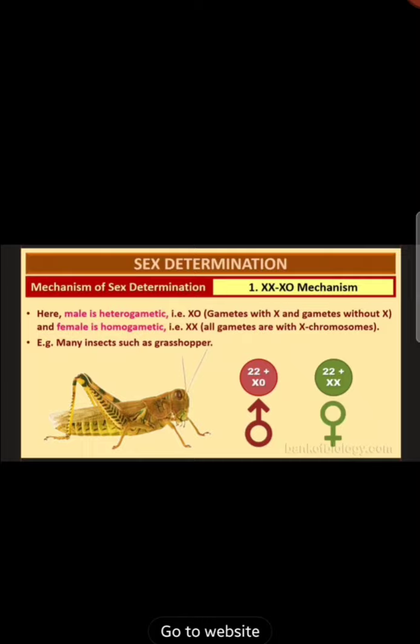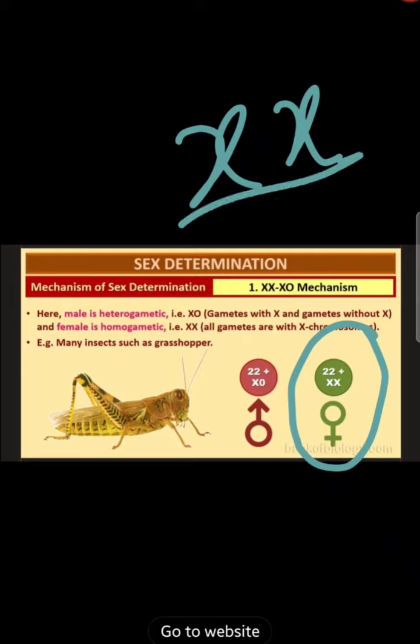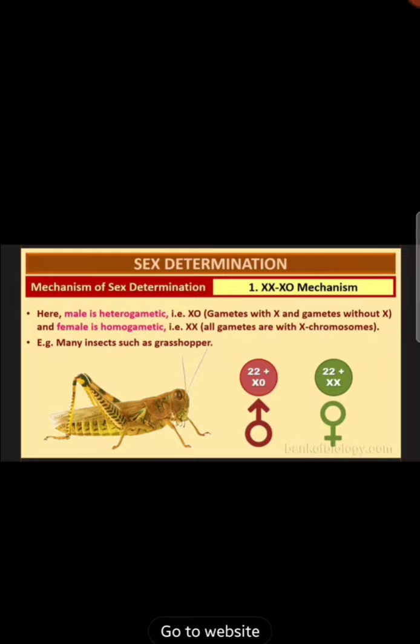In males there is only one X chromosome, but in females in grasshopper the sex chromosomes are X and X. That is what Henking observed.